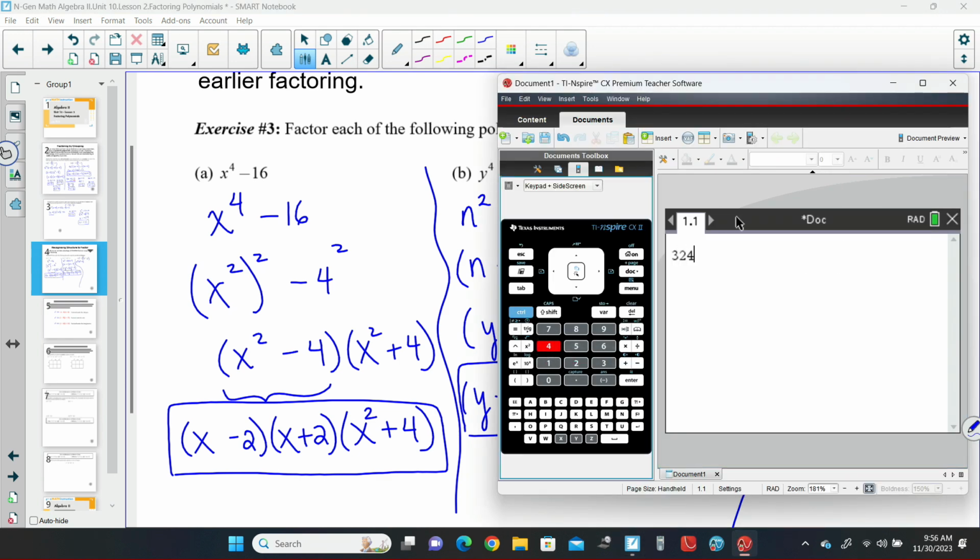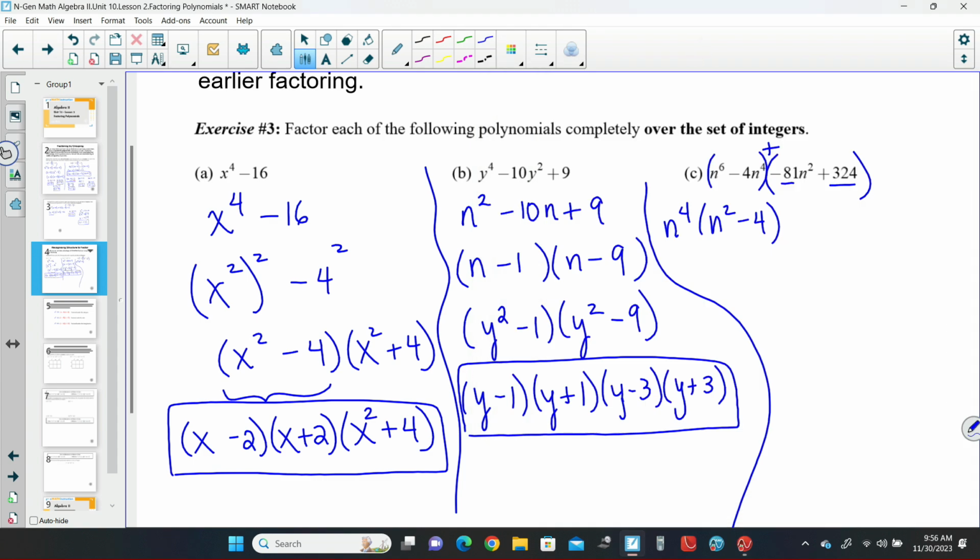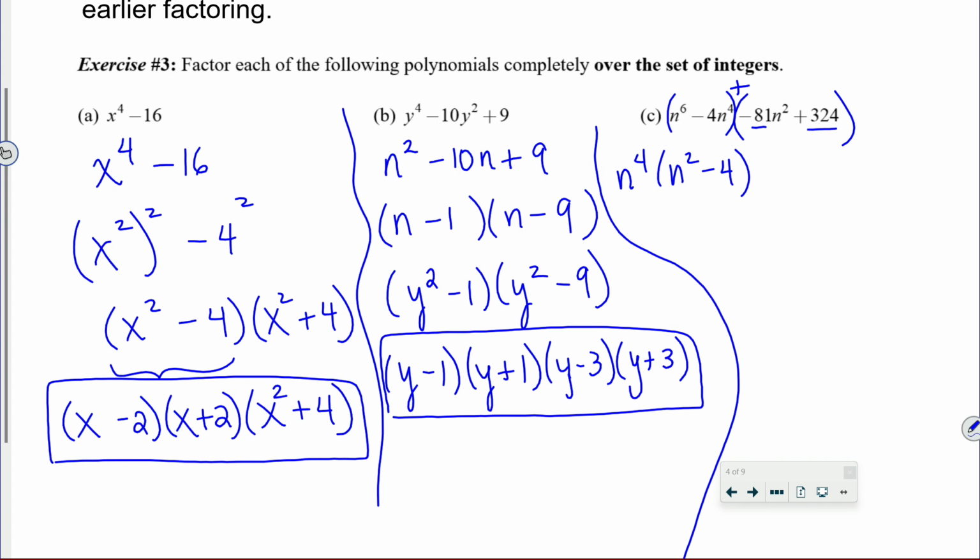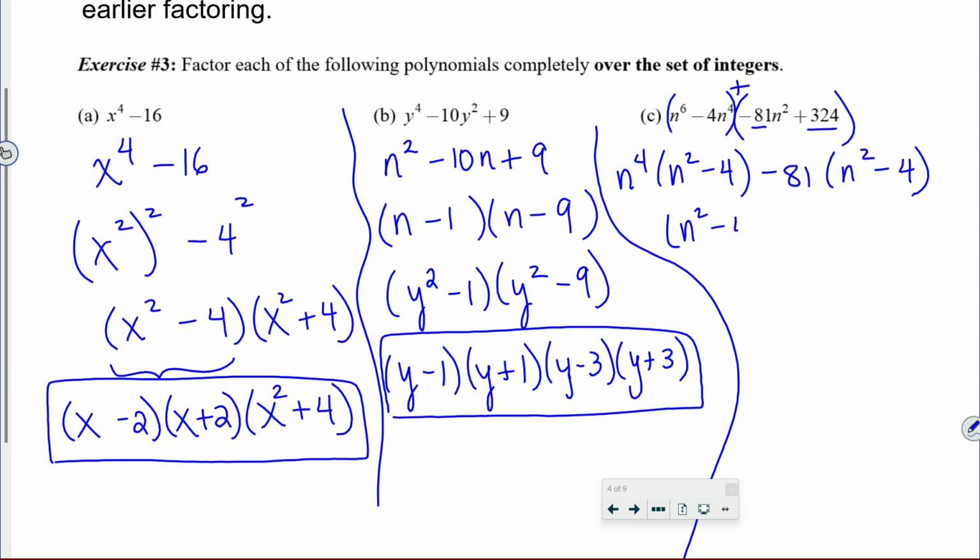I'm going to divide 324 by 81 to see, hey look, actually 4 times 81 is 324, right? So if I factor out an 81, I'm going to yet again have that n squared minus 4. I can't factor out any n's because the 324 doesn't have any, but now I can write this as n squared minus 4 times n to the 4th minus 81.